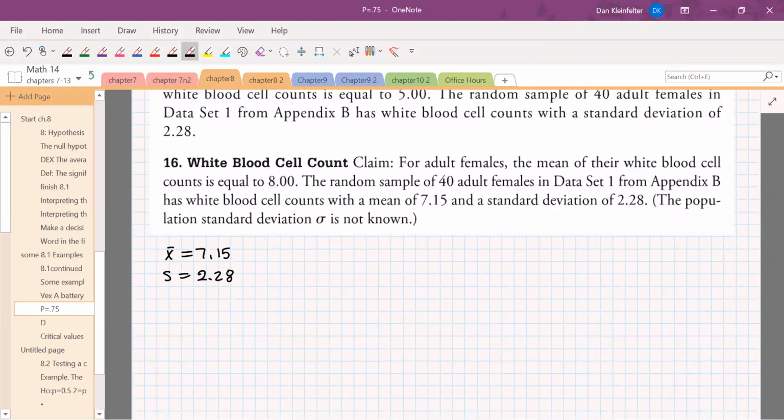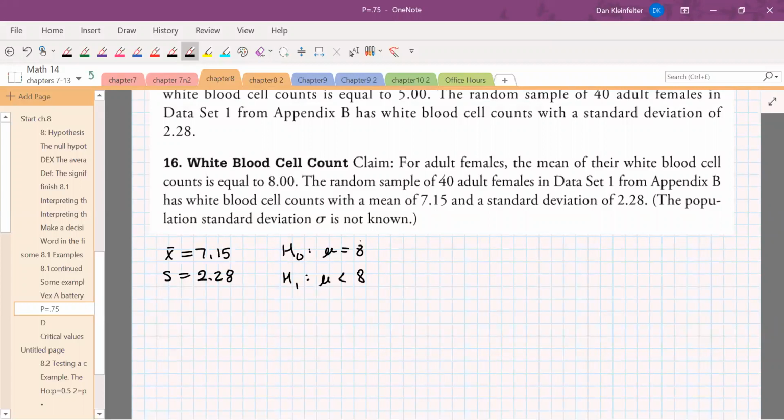Okay, so we need the test statistic. The claim is that the mean is equal to 8, so that's our claim. So then our alternative is that it's not. It looks like it's actually lower at 7.15 for our sample, so less than 8.